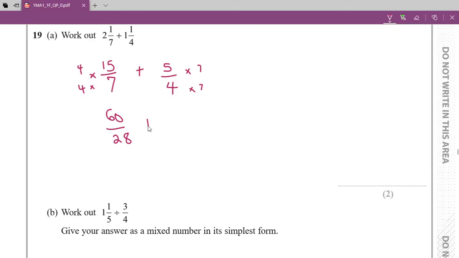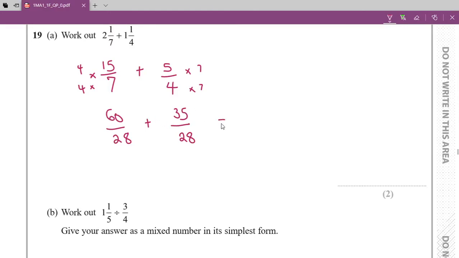Then I have the add sign here. 5 times 7, that's 35. And then 4 times 7 is 28. Now I can see that I have the same number on the bottom of both fractions. So all I need to do is to add those top numbers straight.